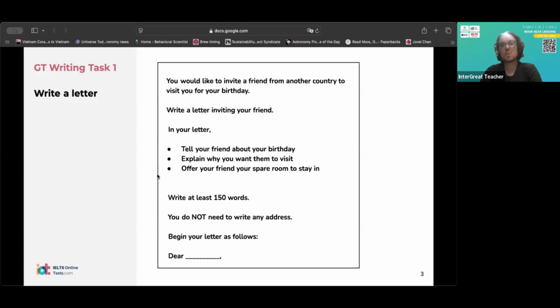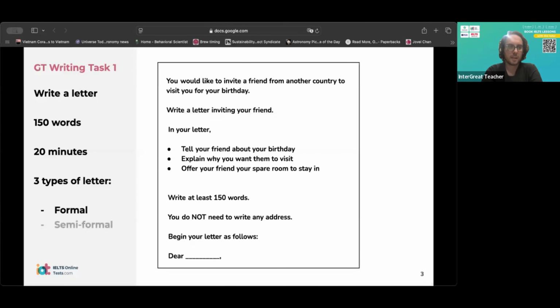Those bullet points you do not need to actually include in your answer. They are just for your help. But these ones on the writing, you must write about them. If you don't write about these bullet points, you will not achieve all of the points that you can achieve on this exam. So remember to do that.